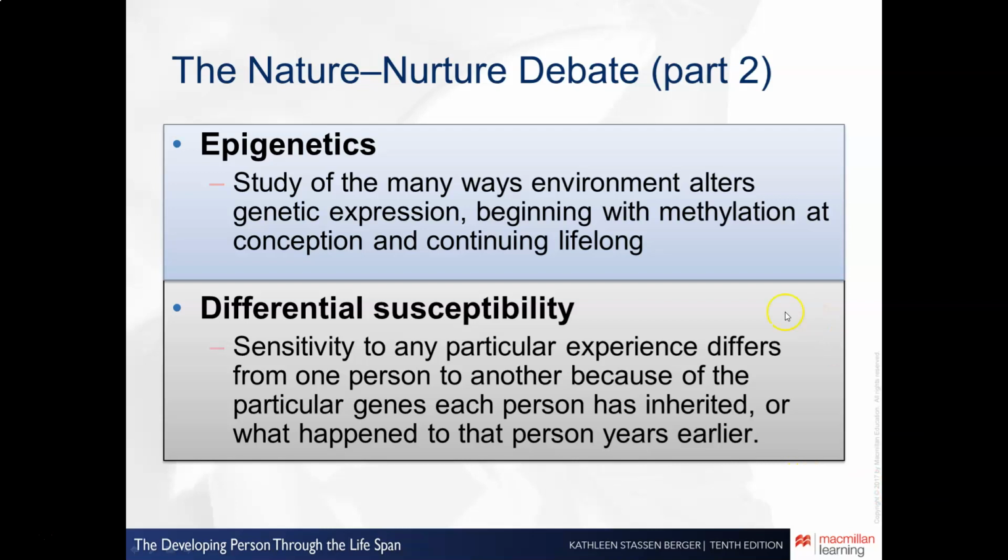And do not worry about some of these other terms like methylation, etc. The important part here is just to understand that epigenetics refers to how environment affects our genetic expression. We'll be moving on.